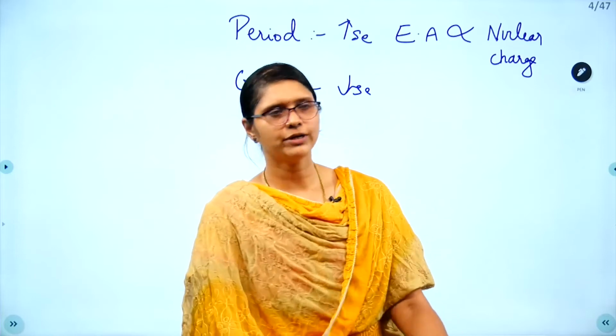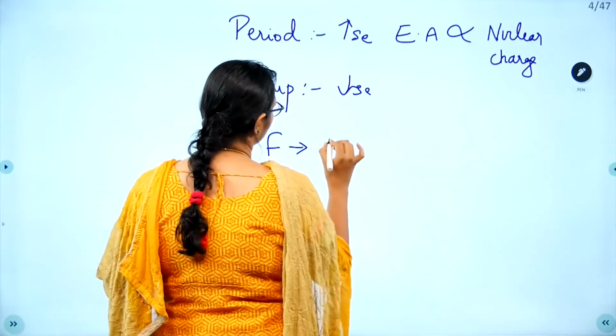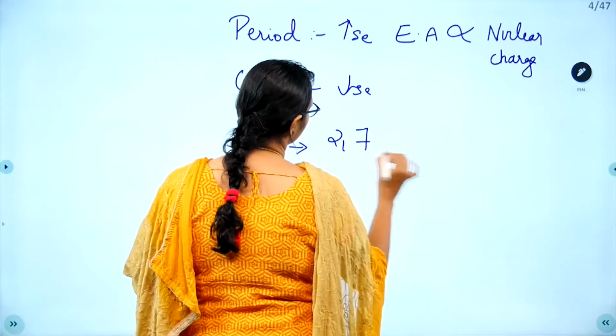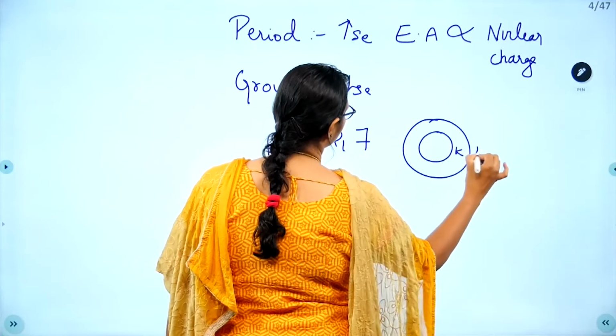The reason: if you take fluorine, 2, 7, the K shell contains 2 electrons, the L shell contains 7.